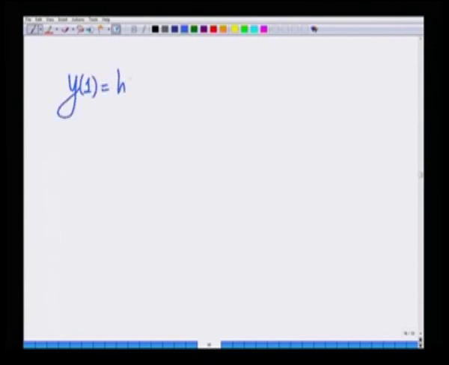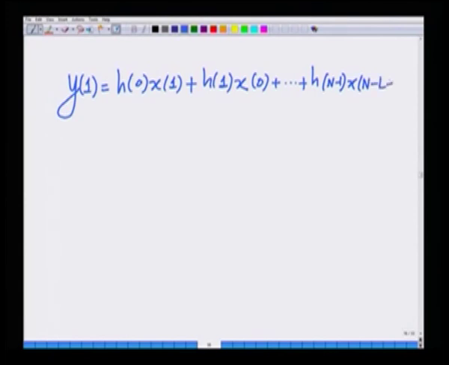y1 equals h0 x1 plus h1 x0 plus ... hn minus 1 xn minus L plus 2, and so on and so forth.